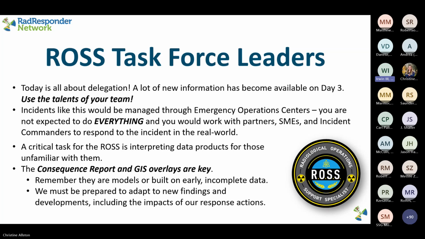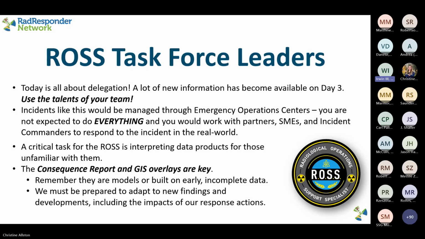They are very information dense, and we need to remember they're models built on early incomplete data, and therefore we have to be prepared to adapt, to be able to not only adapt to new findings like new measurements, but also developments that occur and the impacts of our own response activities.